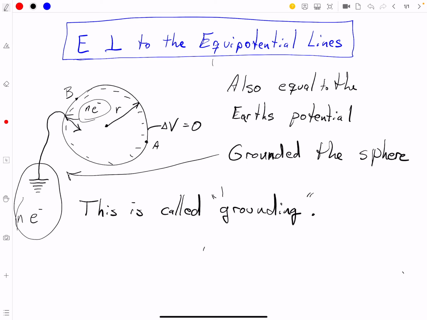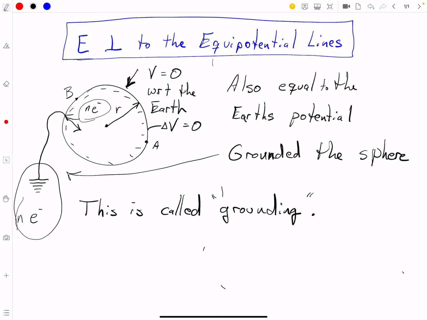Either way, some will go this way or it'll pull some away from the Earth. We don't know. But in the end, the sphere will have a voltage of 0 with respect to the Earth.